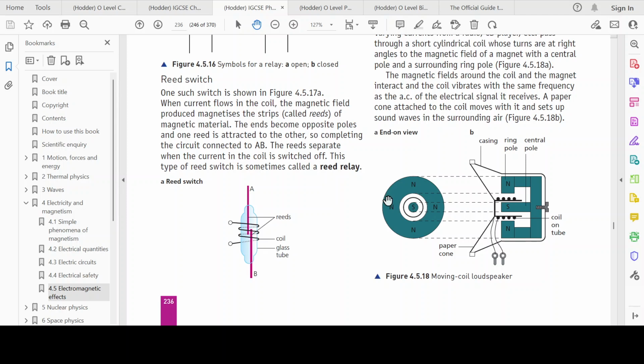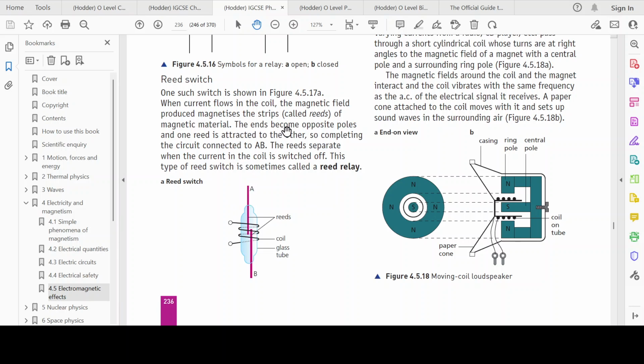And so if we use the right hand grip rule, we can figure out which end is going to be the north pole and the south pole. So you curve your fingers in the direction of the current in the coil, and the direction your thumb is pointing to will be the north pole.